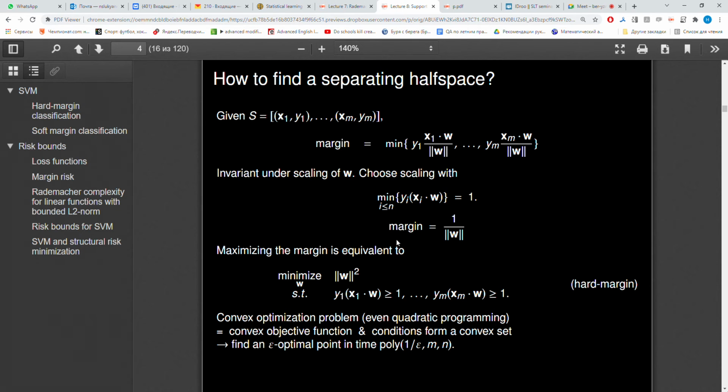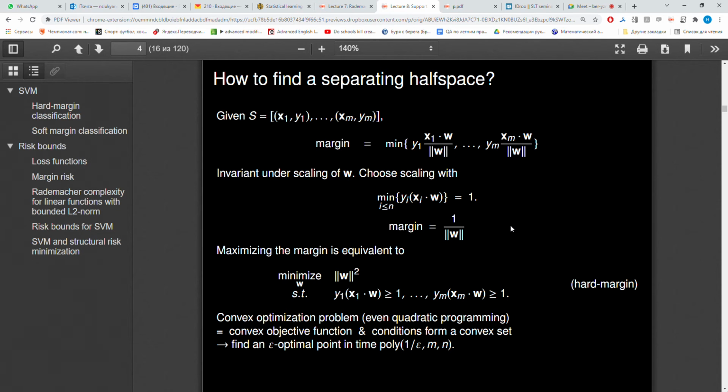So after rescaling, we can rewrite this task in this form: we have such values of W that give us a metric that equals 1, like W divided by the norm of W. So after that we will have the following margin.